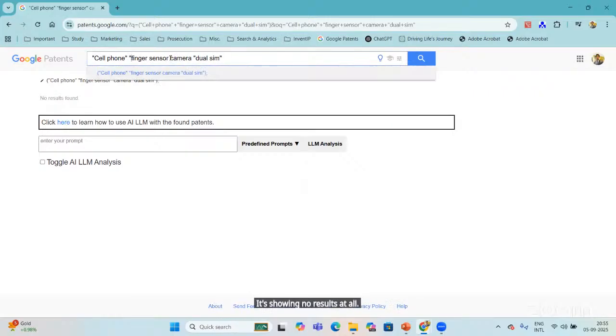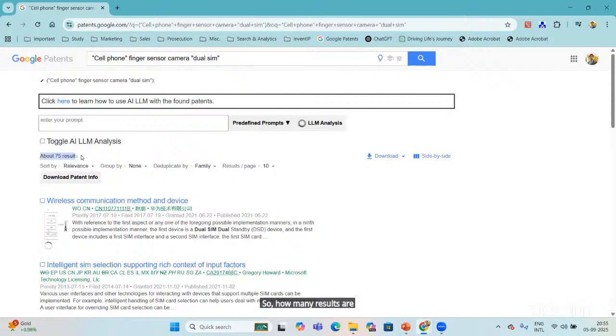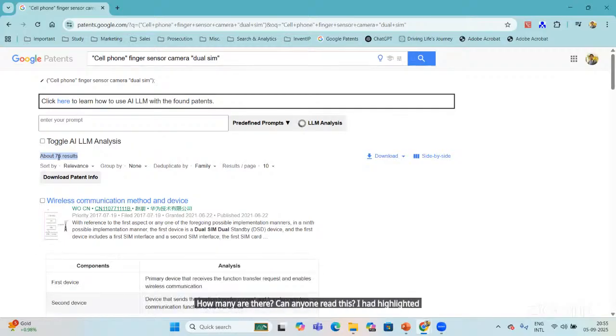So if I remove this, how many results are there? Can anyone read this? About five... 75 results. Yes, so 75 are more related to your idea.